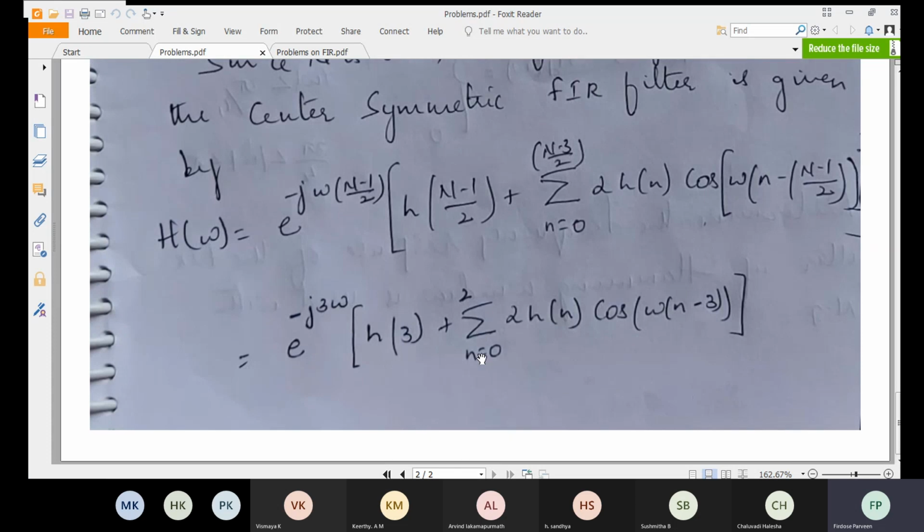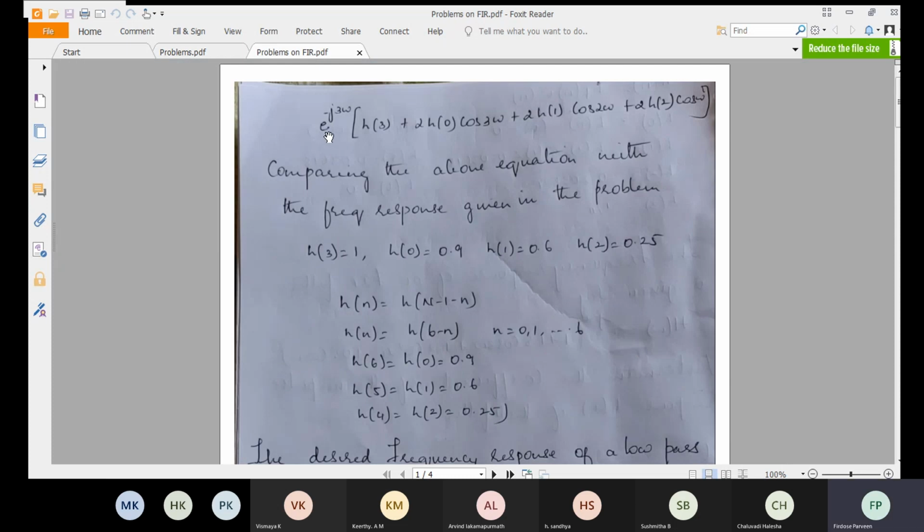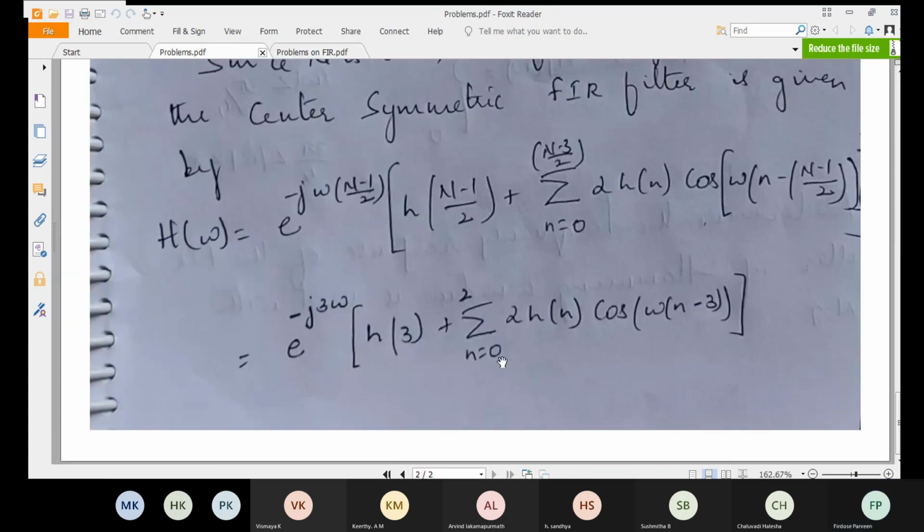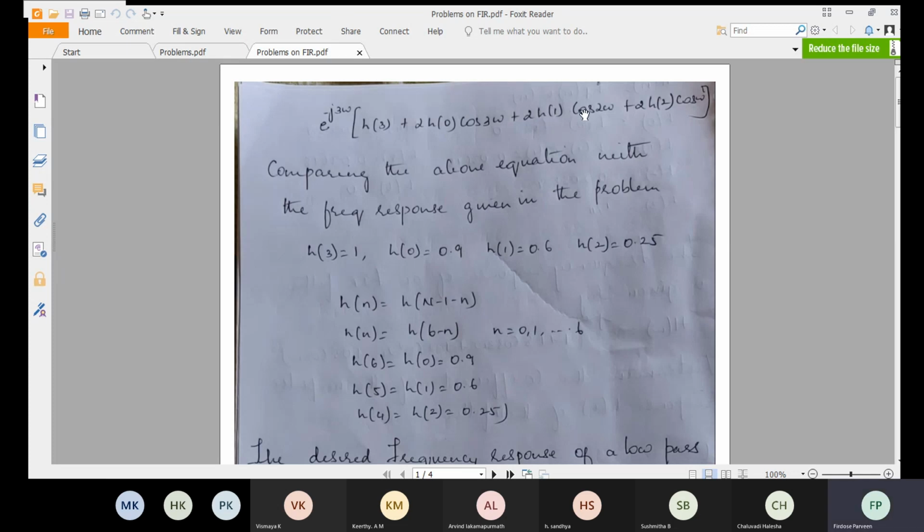So it is like this. When you elaborate it, it is e to the power of minus j3 omega into h of 3 plus, for n is equal to 0 to 2, what will you be getting? 2 into h of 0 cos of omega 0 minus 3, 2 h of 1 cos of 2 omega, plus 2 into h of 2 cos of omega, like this.